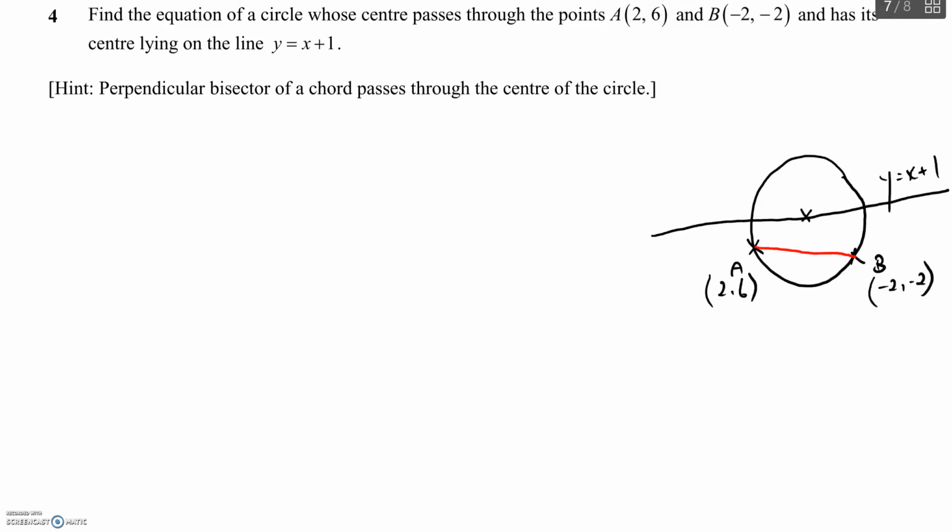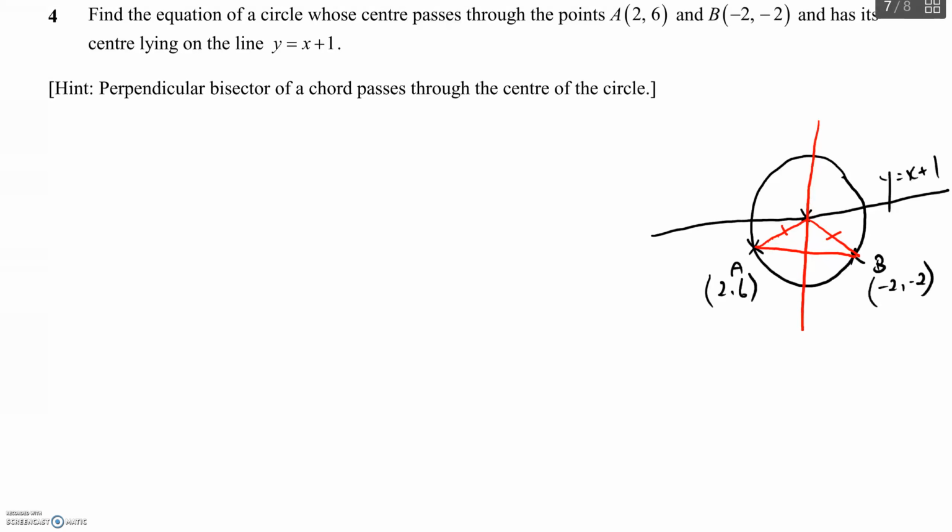Notice, if I were to join these 2 points again to the center of this circle, you realize that this is an isosceles triangle. You will have learned previously that in an isosceles triangle, we can actually bisect and cut the isosceles triangle into 2 equal halves.